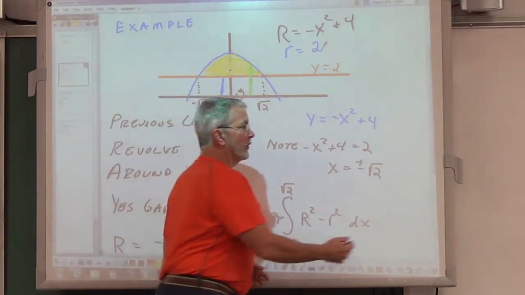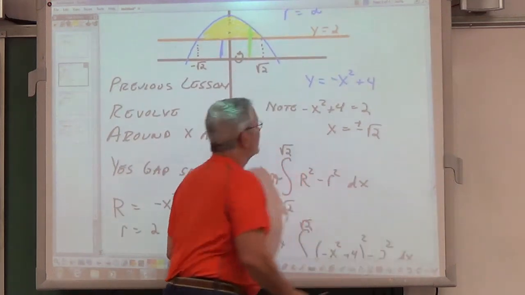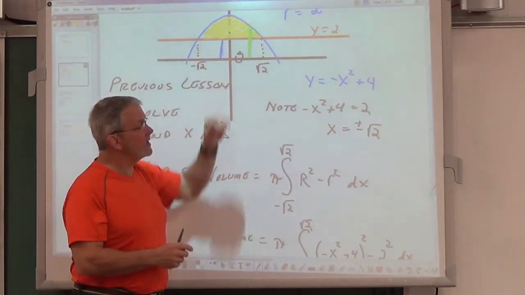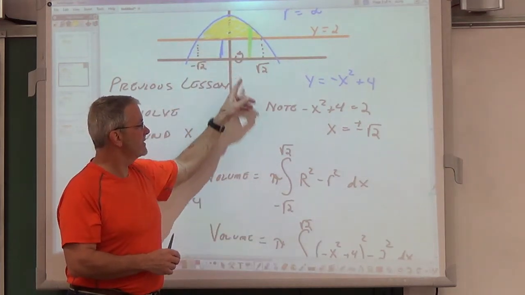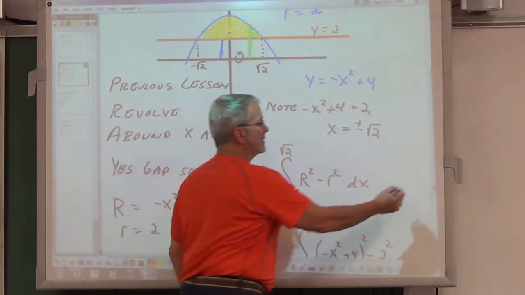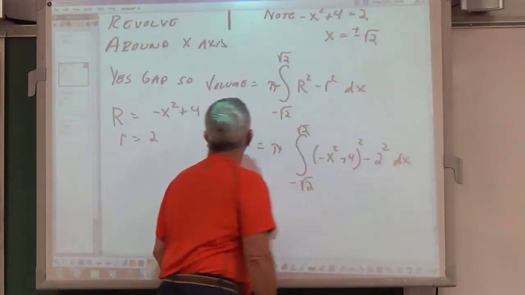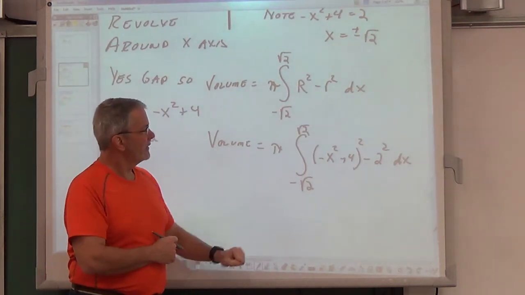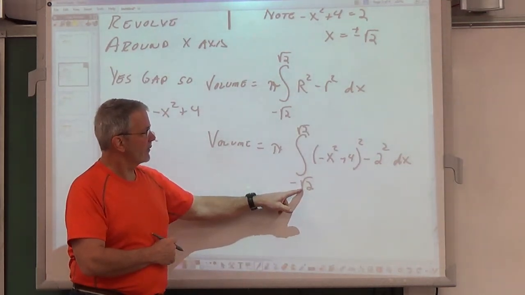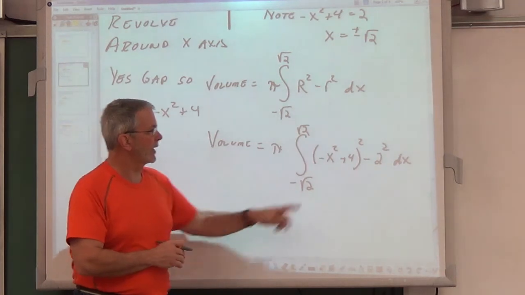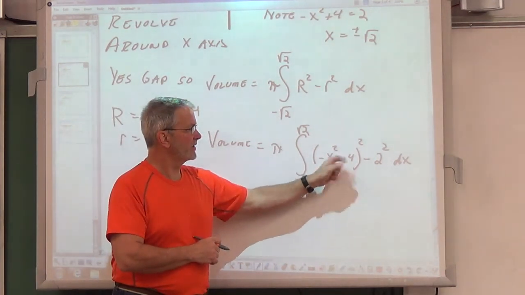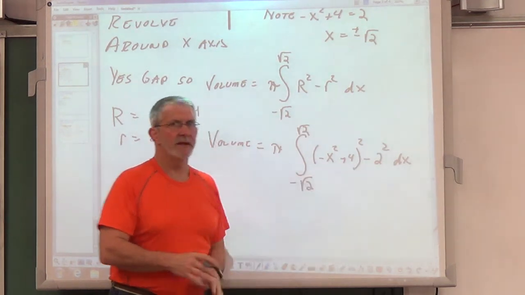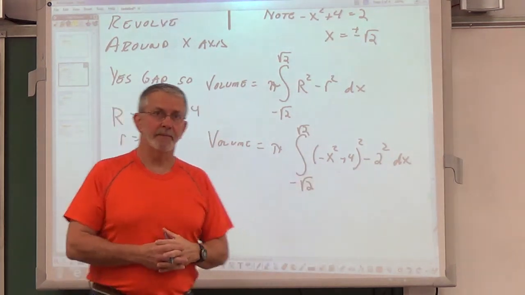And so therefore the volume of the solid created when I revolve this yellow region around the x-axis is given by the following integral: pi from negative square root of 2 to positive square root of 2 of big R, which is negative x squared plus 4, squared, minus little r squared, 2 squared, dx. That was the previous lesson.